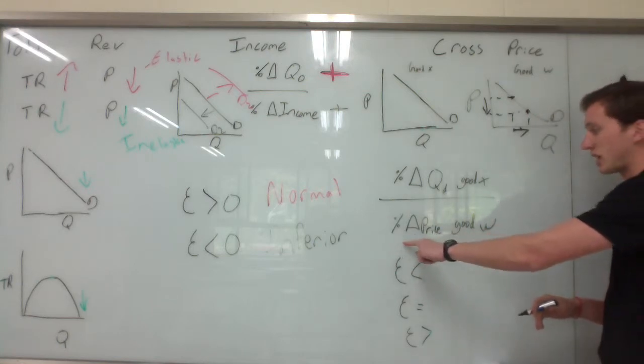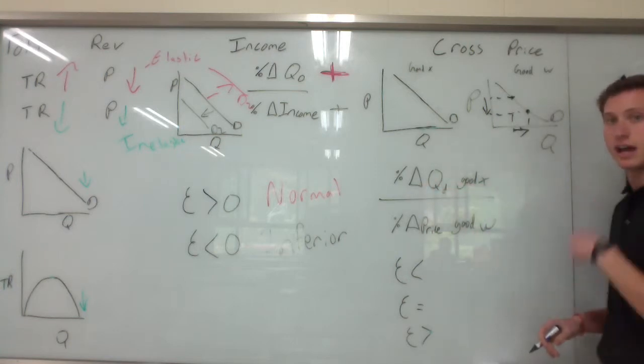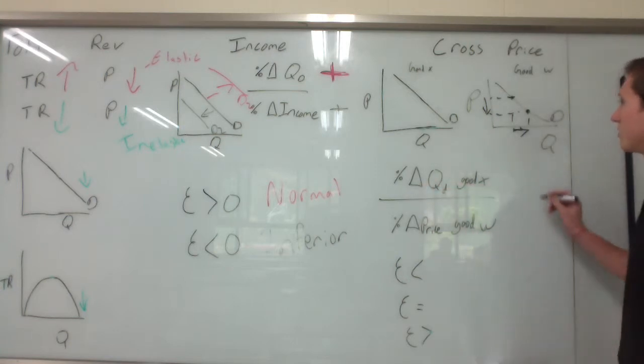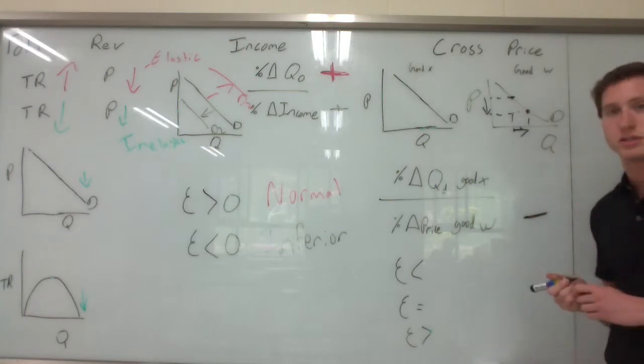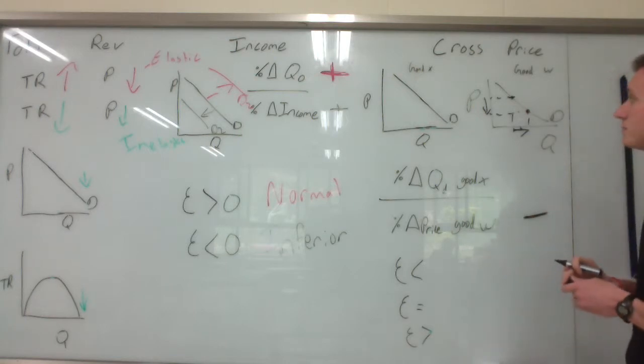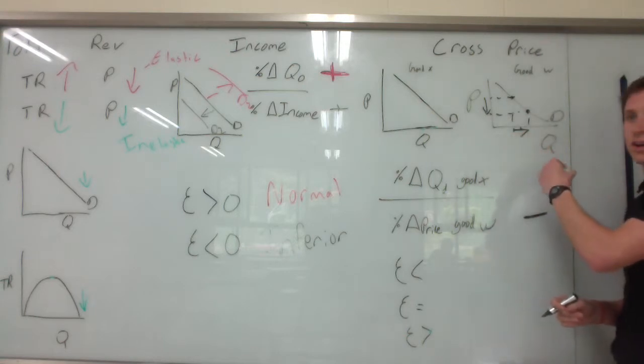So we have percent change in price of good W and percent change in quantity demanded of good X. With a decrease in the price, the percent change in price has to be negative. Now, if it's a substitute good, let's say Pepsi and Coke.